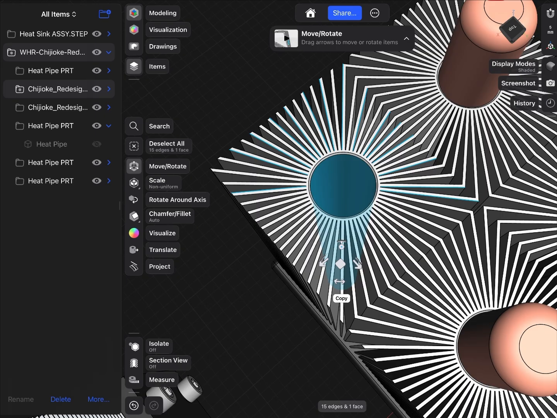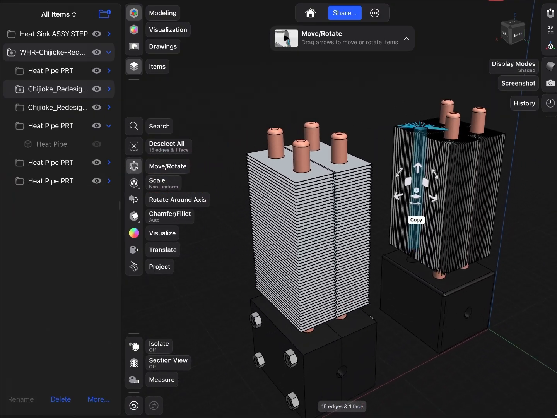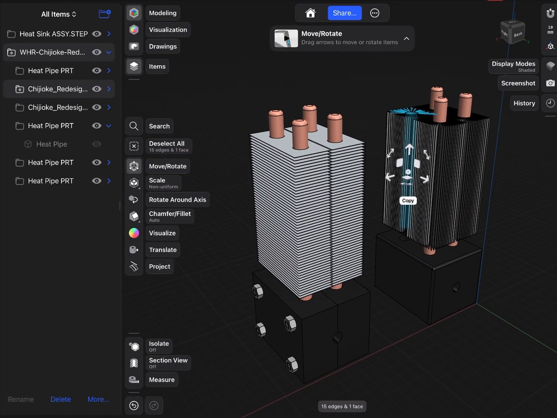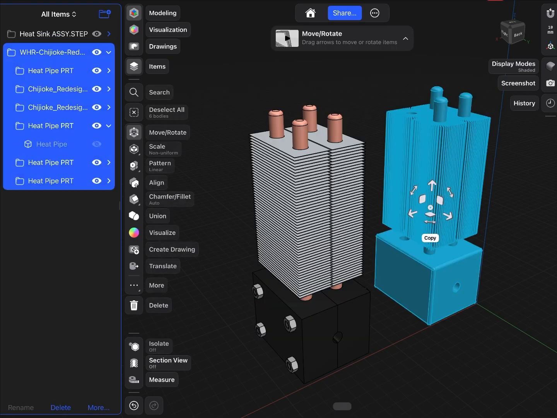So you have greater surface area contact right here, and even more surface area here. This is just allowing you to see the concept generation and improvements from this design to this design.